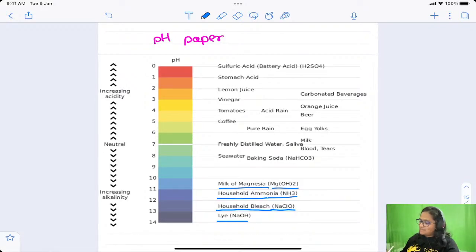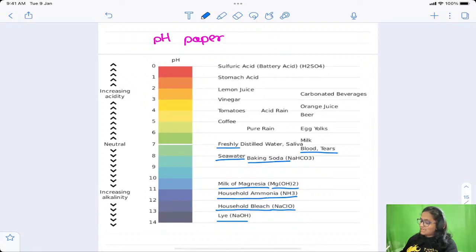Then next is sea water. Yes, before the sea water it's baking soda, whose pH range is 8 to 9, and about at 8 it is sea water. Sea water contains so many salts and so many different substances in it, therefore its pH is not exactly equal to 7. Okay, then it's blood tears, which is having the pH greater than 7.